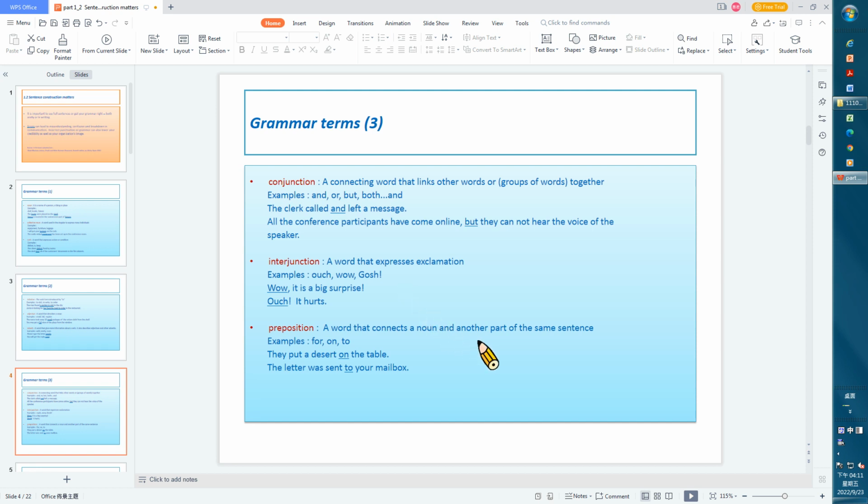Number nine, preposition. A preposition is a word that connects a noun and another part of the same sentence. For example, for, on, to.